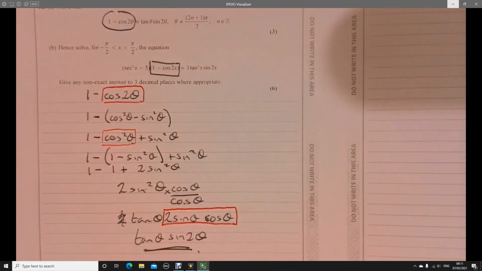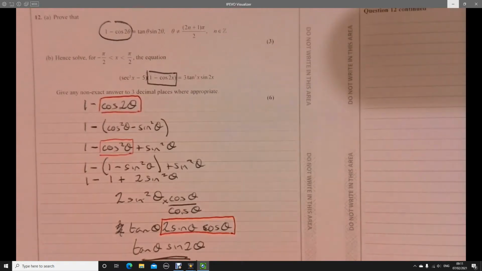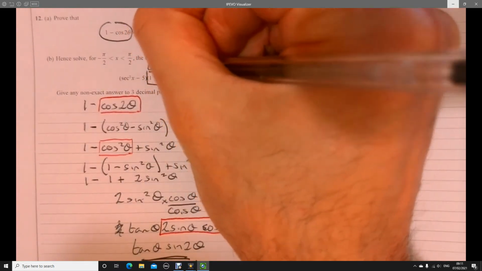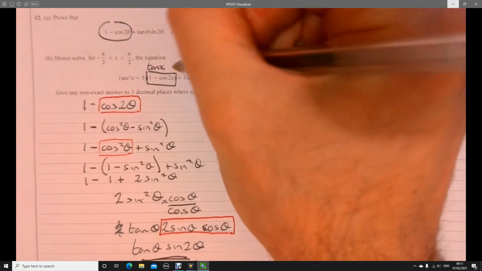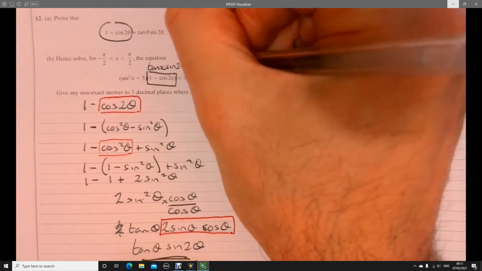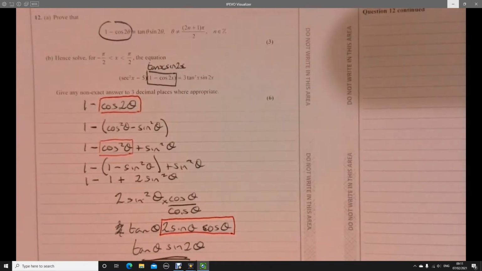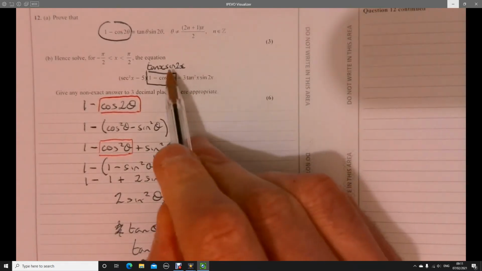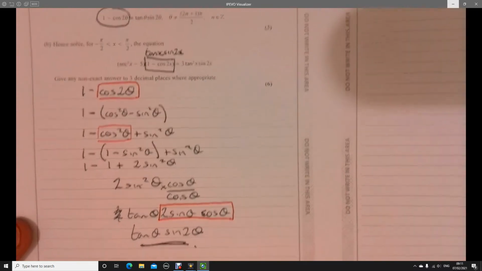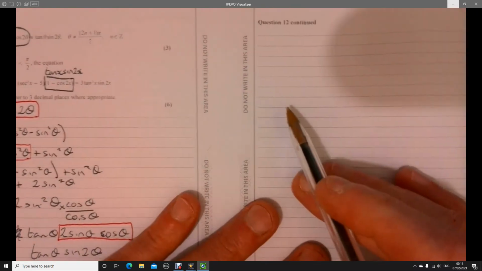Let's replace that part with tan x sine 2x, just doing this up here. Now, let's take away this from both sides. So let's make a little bit of room here, about where I'm going to do this question. Let me do it over here, so we've got a little bit of room.